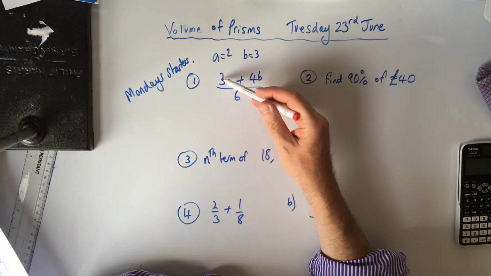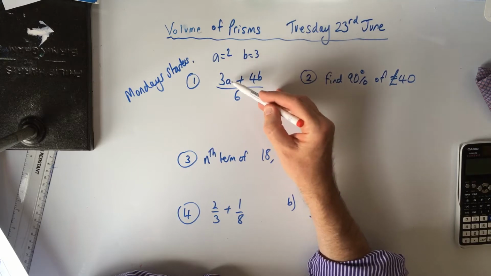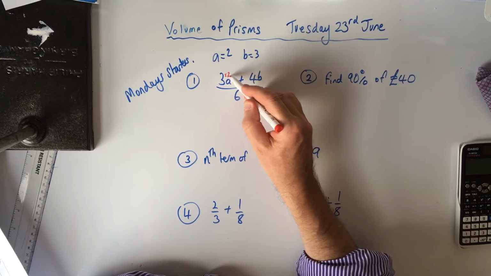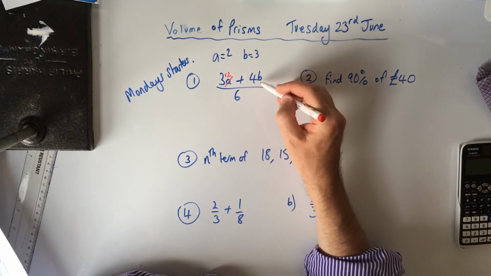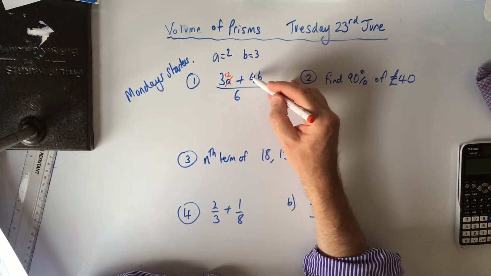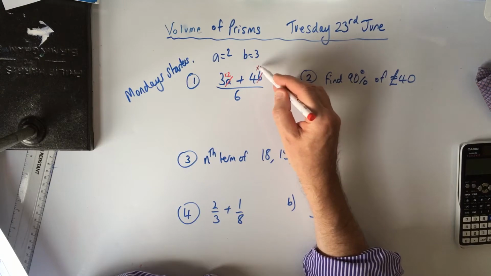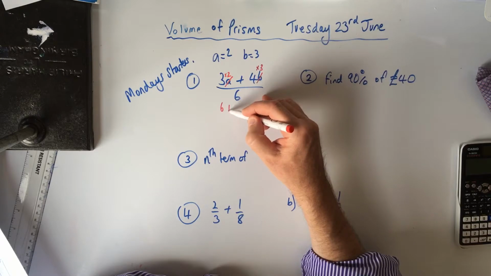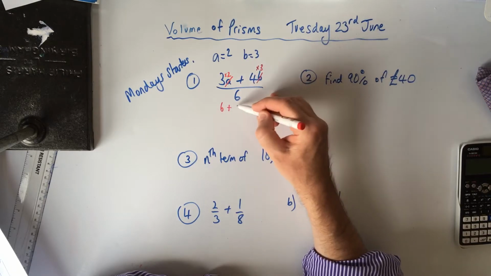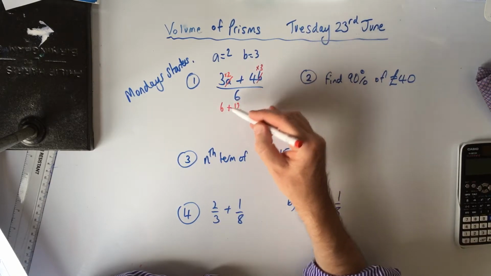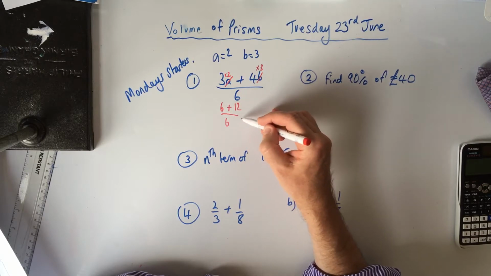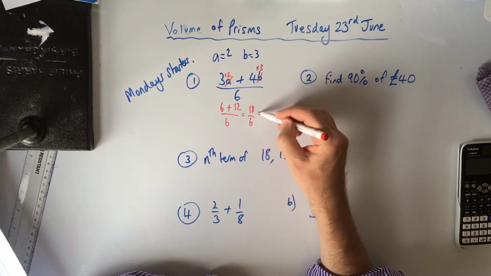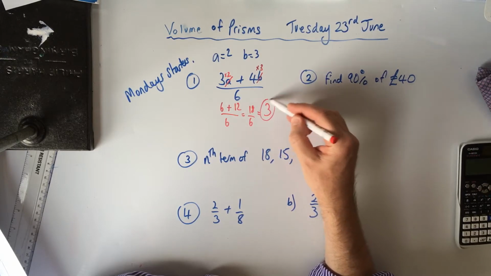So this means 3A is 3 times A, and A is 2, so that means 3 times 2. And B is 3, so 4B is 4 times 3. On top we've got 3 times 2, which is 6, plus 4 times 3, which is 12, all divided by 6. 6 add 12 is 18, divided by 6 gives you 3.